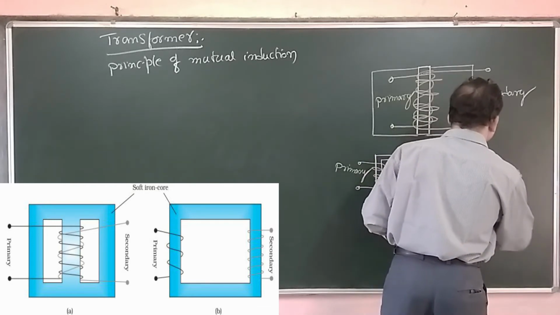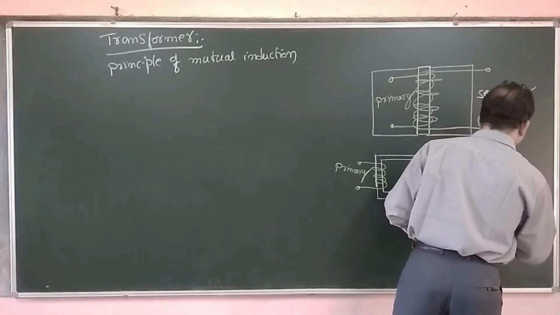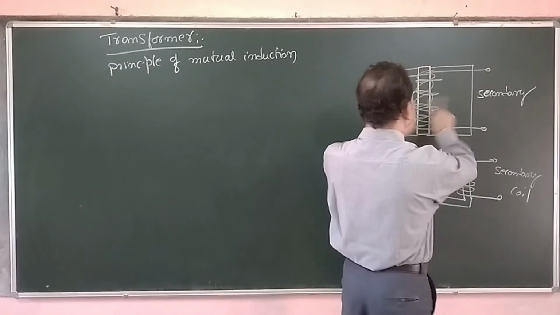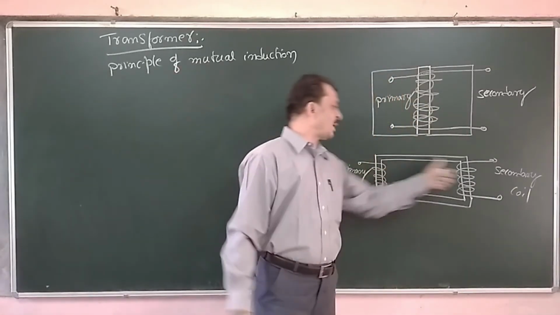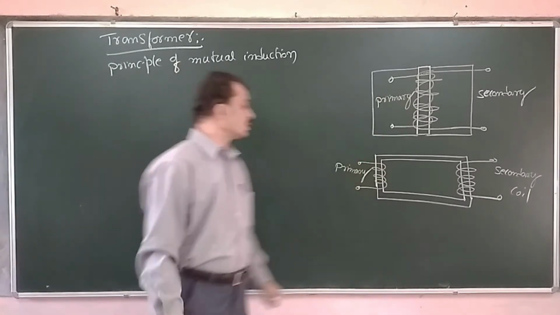We call it the secondary coil. Whether they are wound one over the other, or separately wound on a metallic core, that is the transformer.